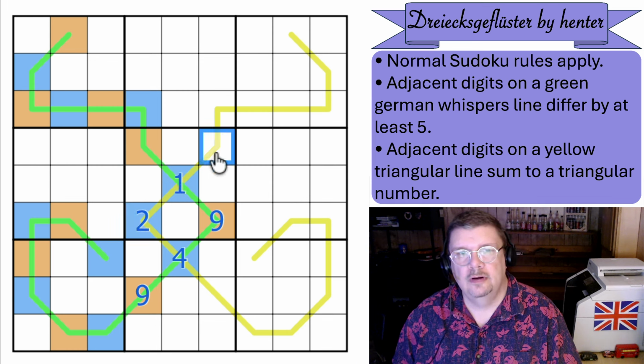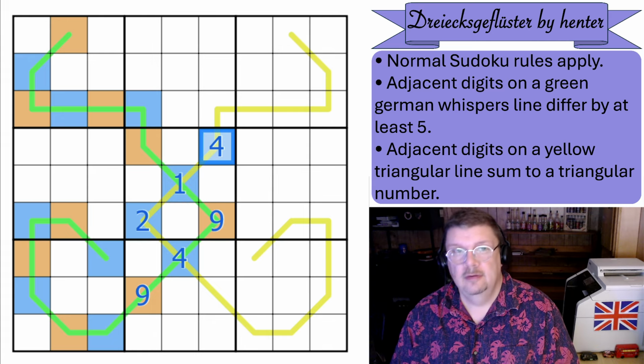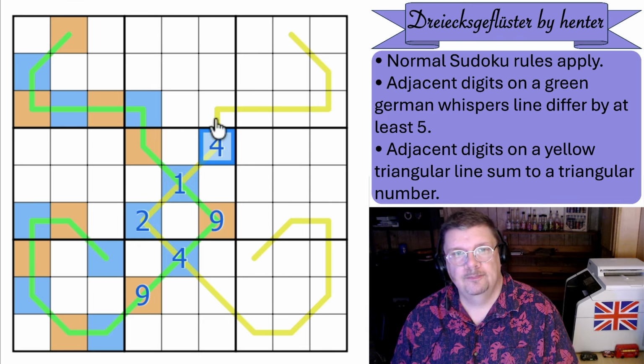So next to 1, we had 2 or 4 to make 6 or 9 to make 10. Well, that can't be 2 or 9, so that has to be 4, which is low. 4 gave us 6 or 2.